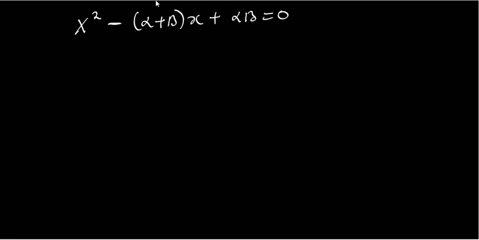So this is the equation that you have. When you have this type of equation, what you need to understand is that if the coefficient of x squared is 1, this part automatically becomes the sum, and this part automatically becomes the product.